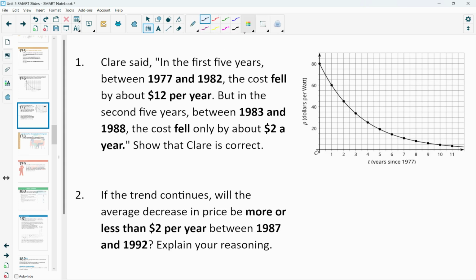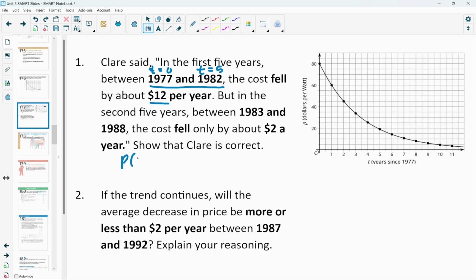So let's calculate the average rate of change for each of those domains that she gave us. So we've got this time period, and it fell $12 is what she's saying. So we want to be looking at 1977 represents T equals 0. And 1982 represents T equals 5.